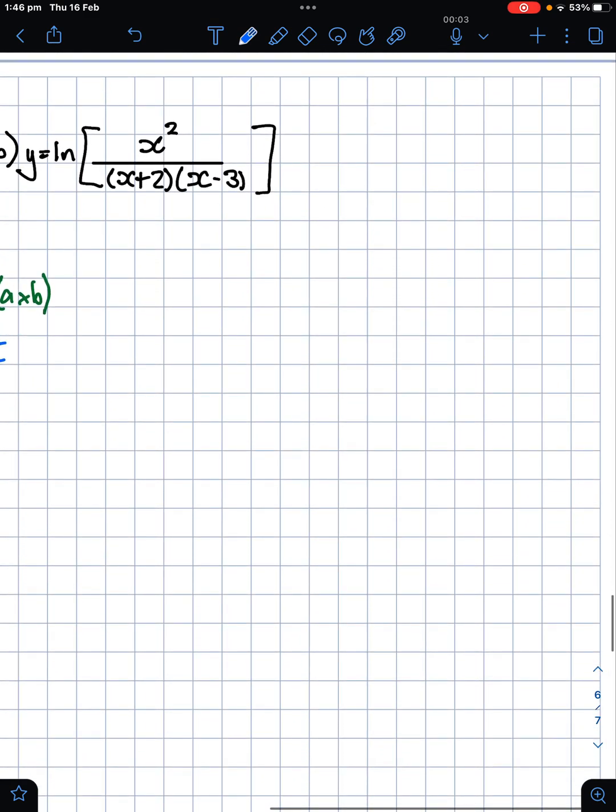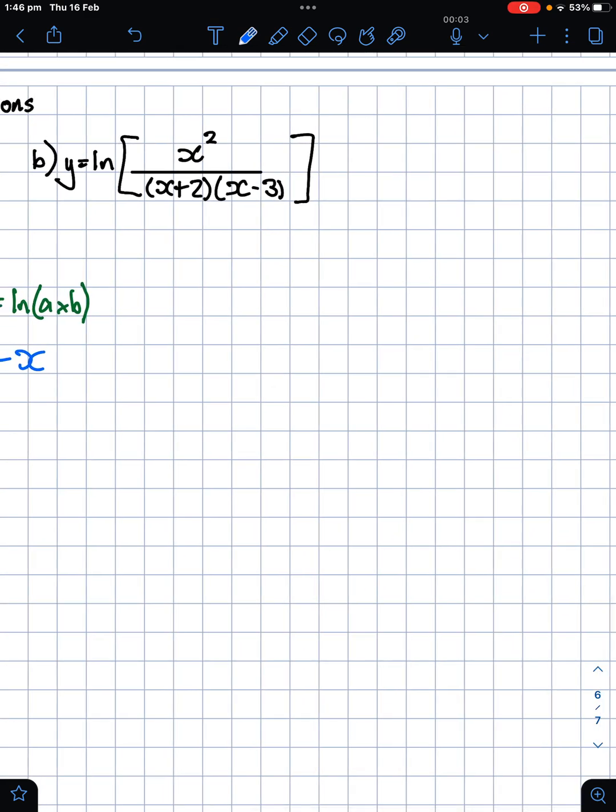So we're now going to come to this one here, question b: y equals the natural log of this big expression. The first thing to notice is that we've got a fraction. So we can break this apart: y equals ln x squared minus ln of x plus 2 times x minus 3.